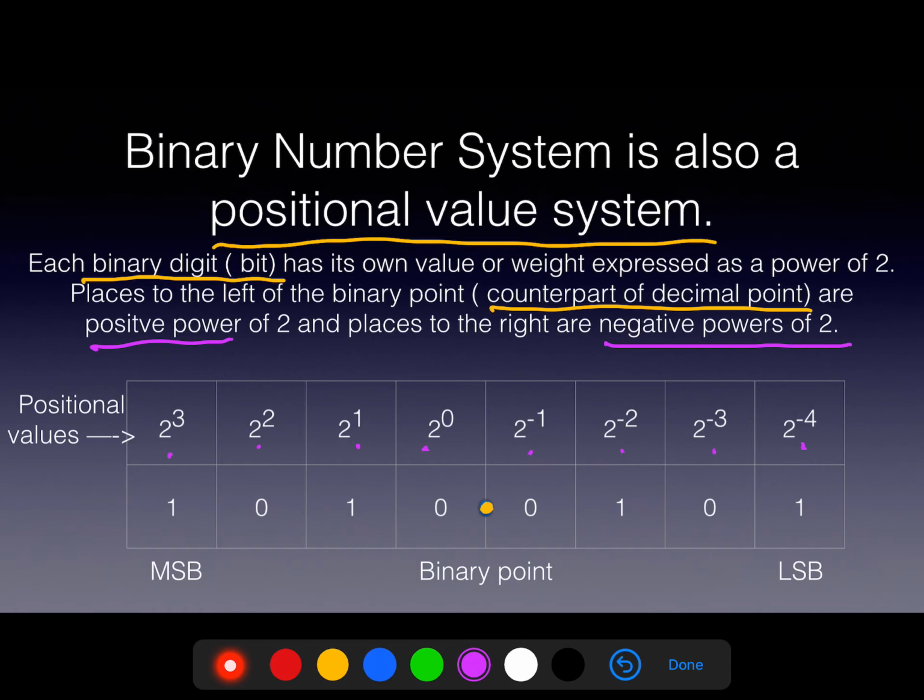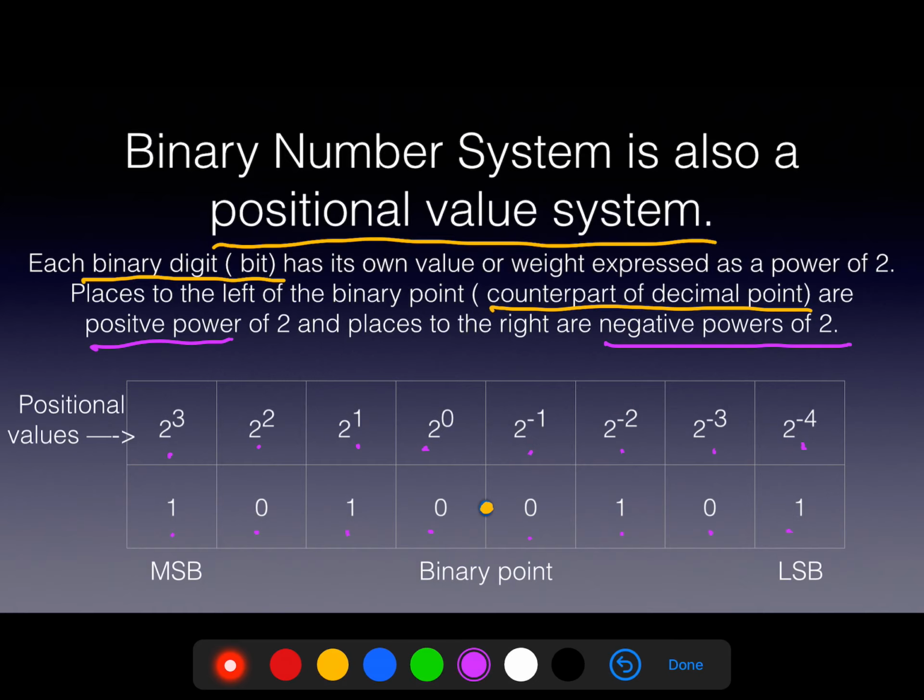Let's say we have a binary number 1010.0101. In this case, the places to the left are 2 raised to the power 0, 2 raised to the power 1, 2 raised to the power 2, and 2 raised to the power 3. Whereas on the right it is 2 raised to the power -1, -2, -3, -4, and so on.